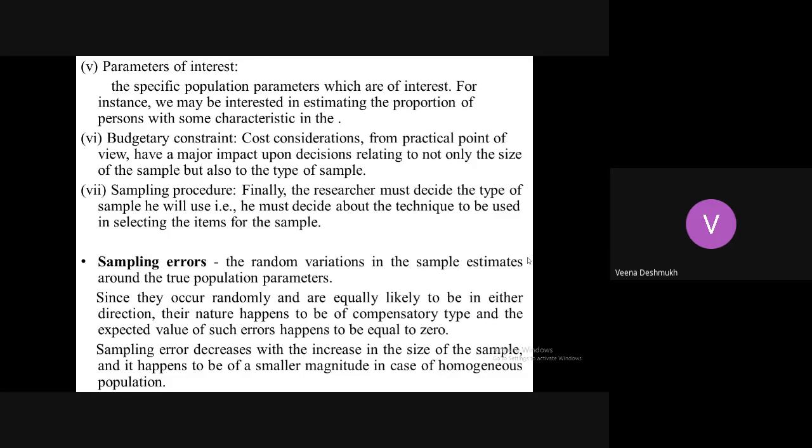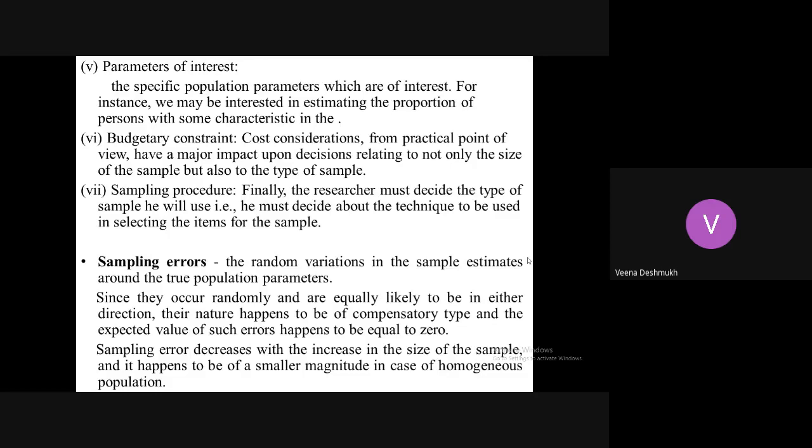Now, why size of sample? Because if you can spend more money, then you can consider more number of samples. And also the type of samples, because everybody may not be interested in giving the sample. So under such cases, monetary help may be required to collect the type of the sample.